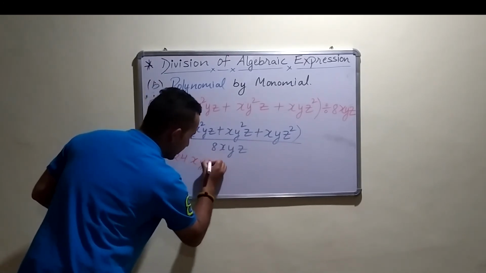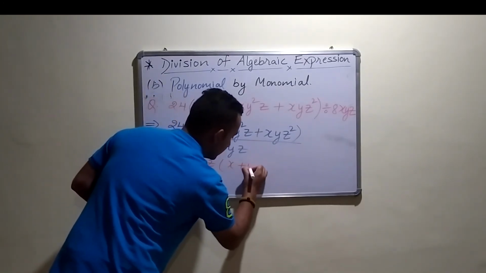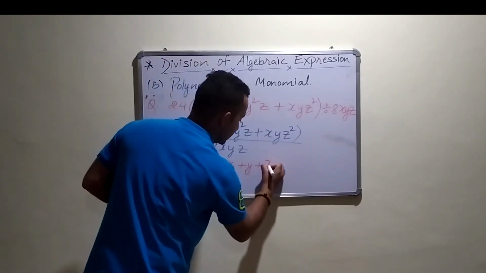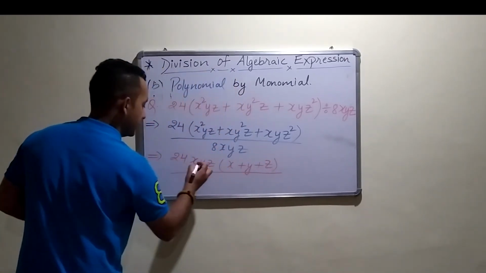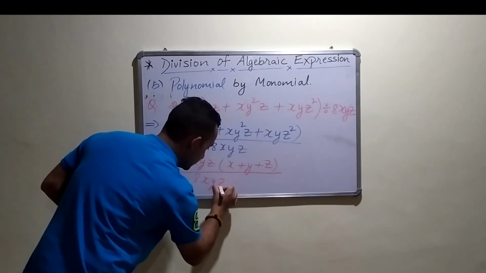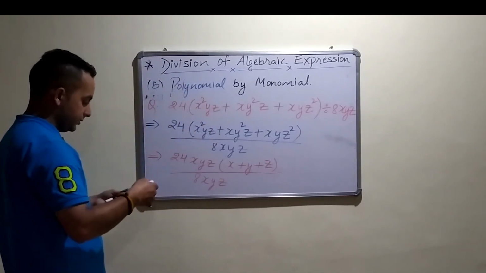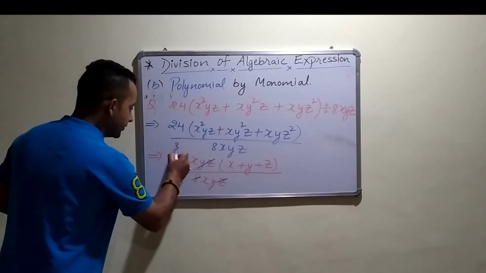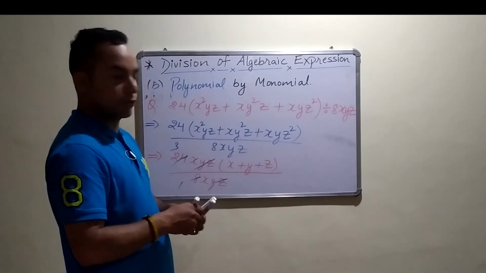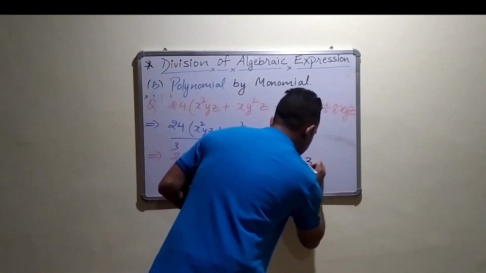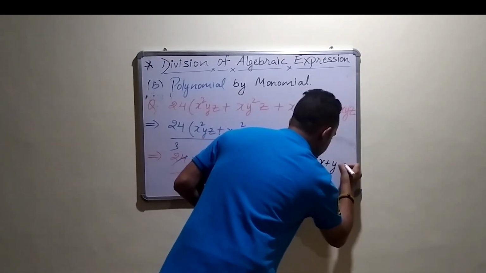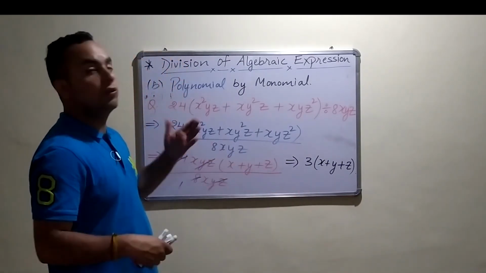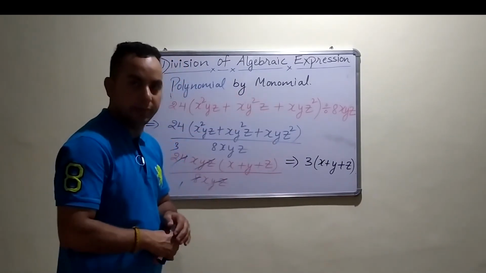So 24xyz, here x plus y plus z, since xyz is common in each term. Then 8xyz. Now you are going to cancel these. So xyz cancels with the xyz. 8 1s are 8, 8 3s are 24, and at last your product is 3x plus y plus z. This is your answer, and this is how you are going to divide polynomial by monomial.